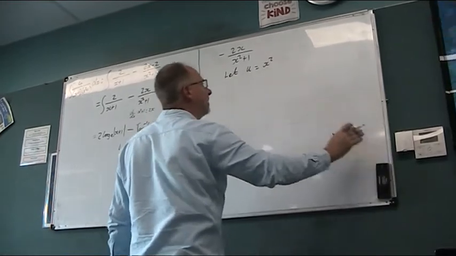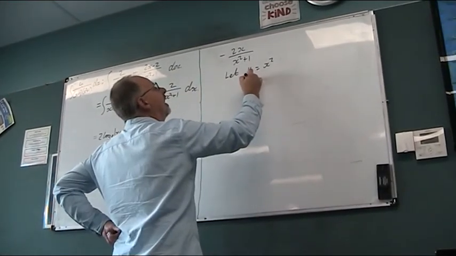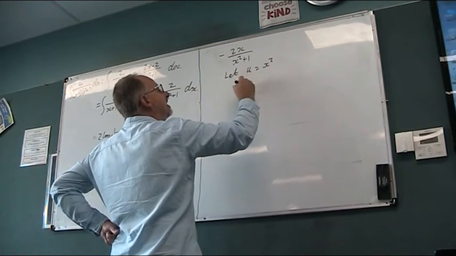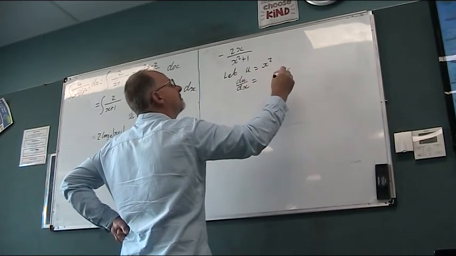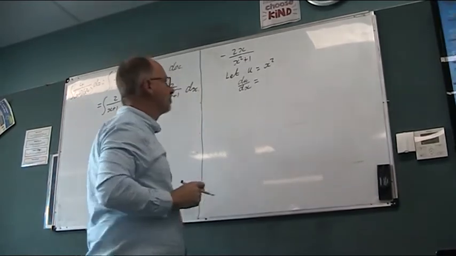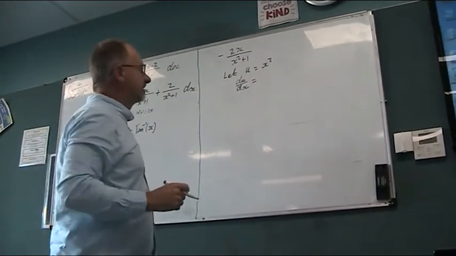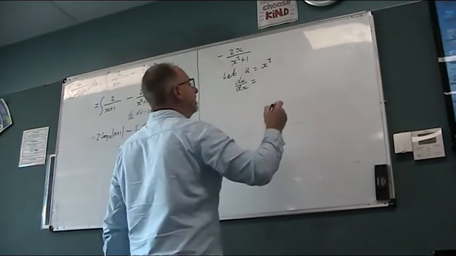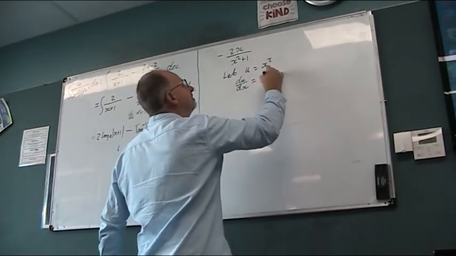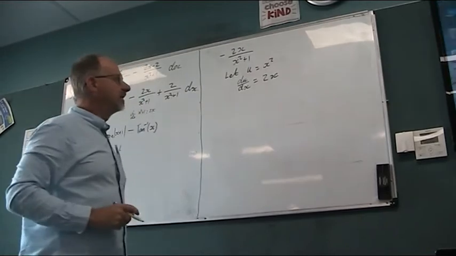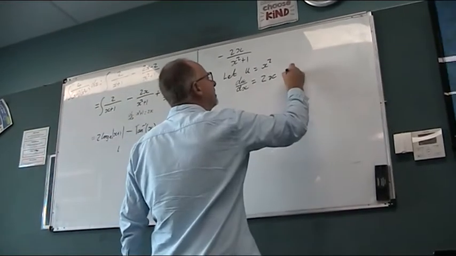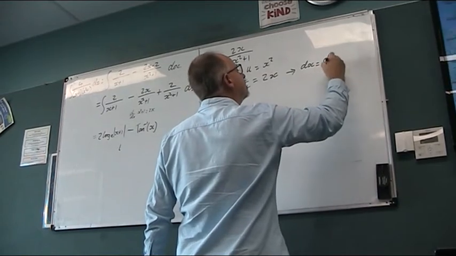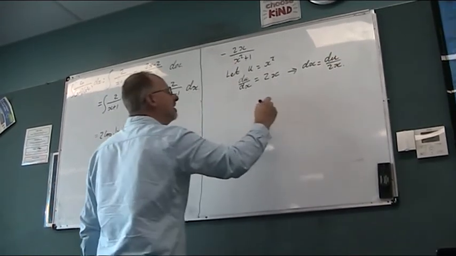We let u equal x squared, and then we've got du dx equals 2x. Would it matter if you let u equal x squared plus 1? Yeah, it does, because you don't get the tan minus 1 bit. So du dx is 2x, which means that dx is du on 2x.